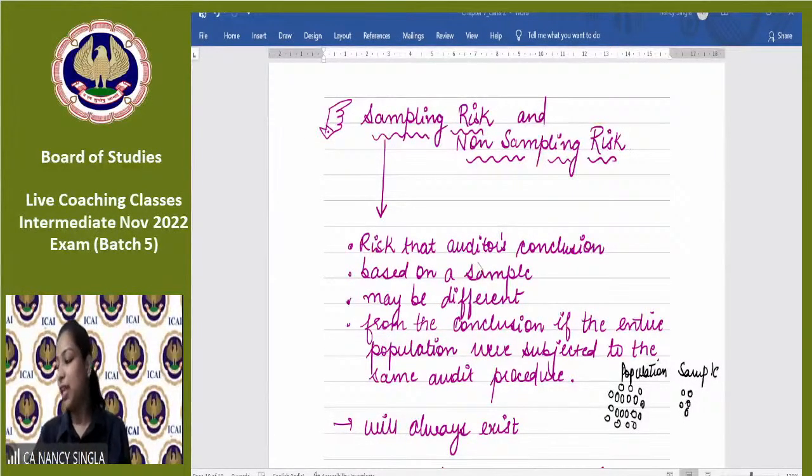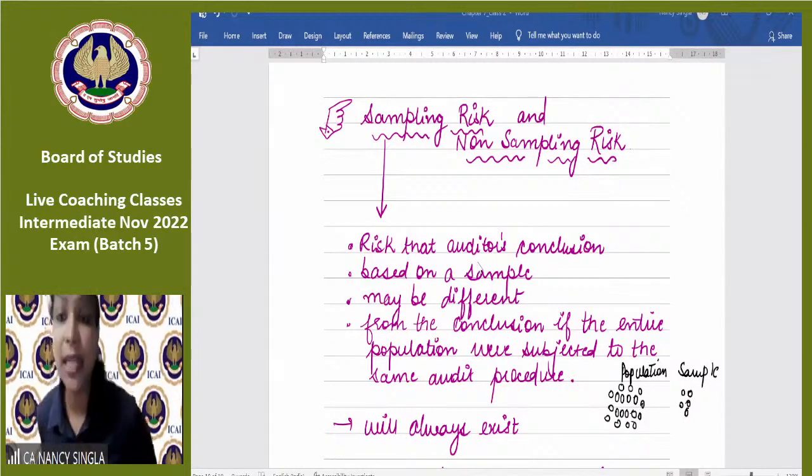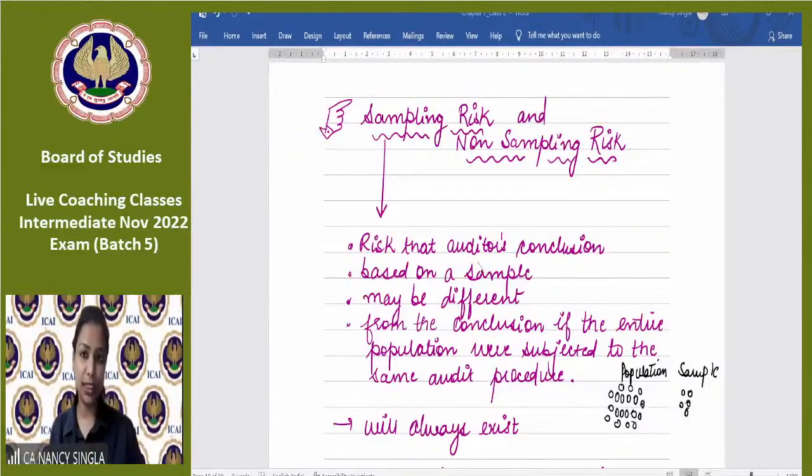Remember? If any one of you remember, please send in your replies. Risk is a possibility of something unpleasant. While doing sampling, something unpleasant happens because you are doing sampling, and that is what sampling risk is.